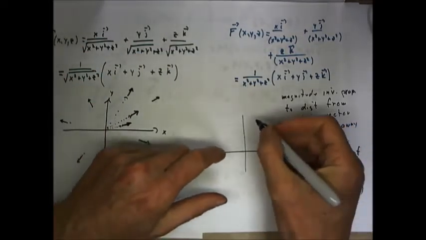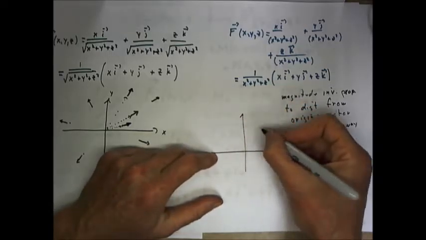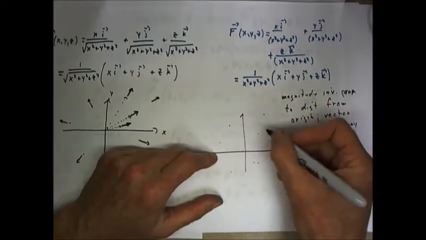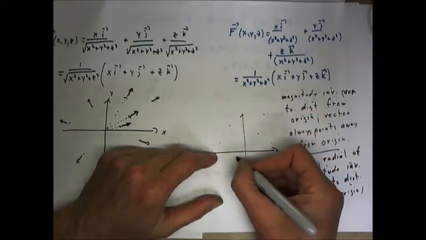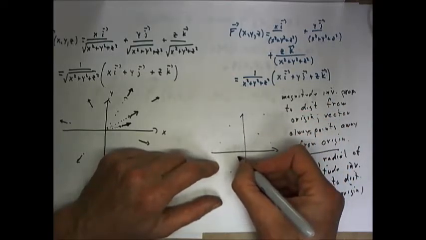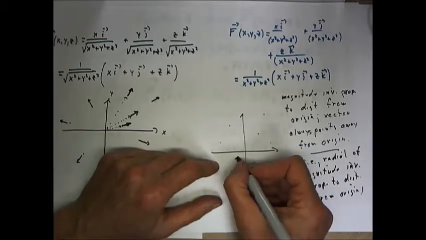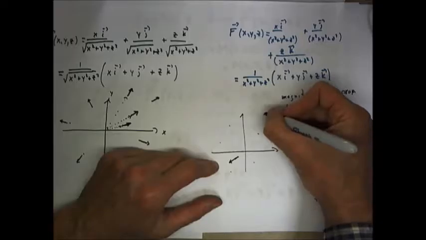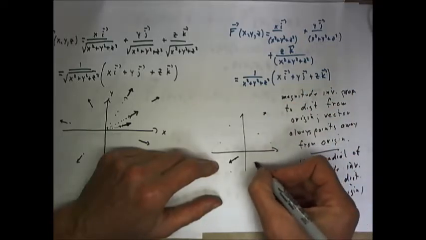If we wanted to sketch that field, we could sketch it at a number of points. And the closer it is to the origin, the bigger it is, but it points away from the origin. The further it is from the origin, the smaller it is, but it points away.